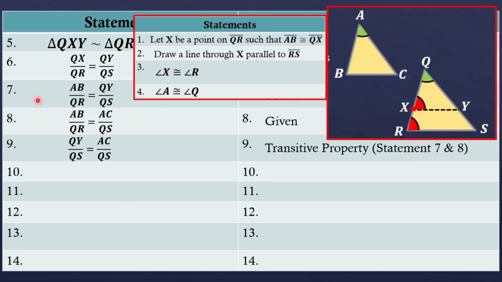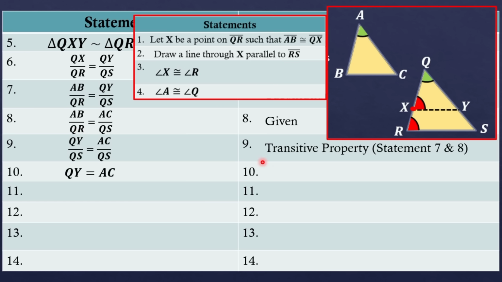So ano ba yung transitive dito? What makes it show that the given proportion is by transitivity? So we have QY over QS is equal to AC over QS kasi nga po since pareho po silang AB over QR, so since pareho po itong ratio na to na equal po sa dalawang ratio na to, ibig sabihin these two ratios are also equal.